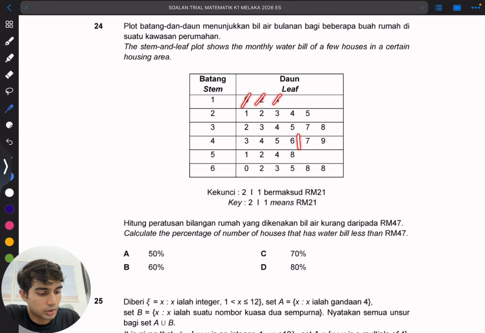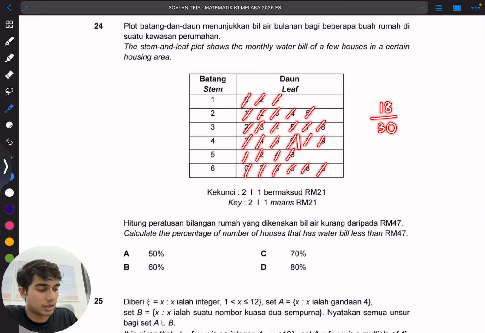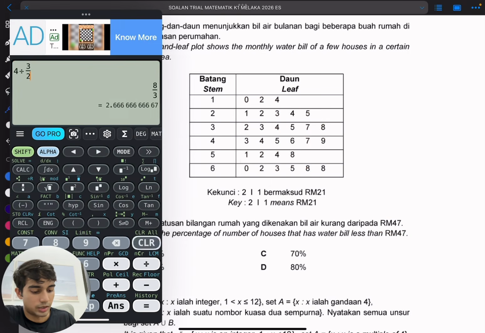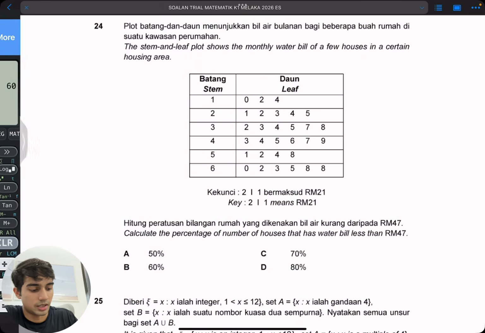So 1, 2, 3, up to 18. 18 houses have less than 47 ringgit, out of 30 houses in total. So 18 out of 30, you want to convert to percentage, you times 100. So 18 over 30 times 100, 60%.